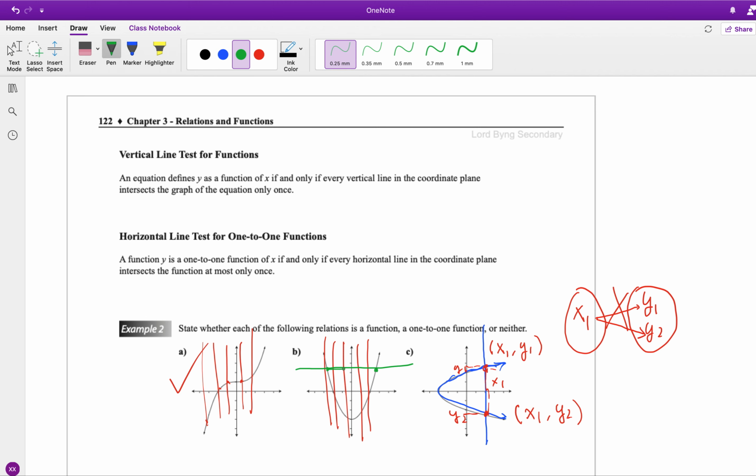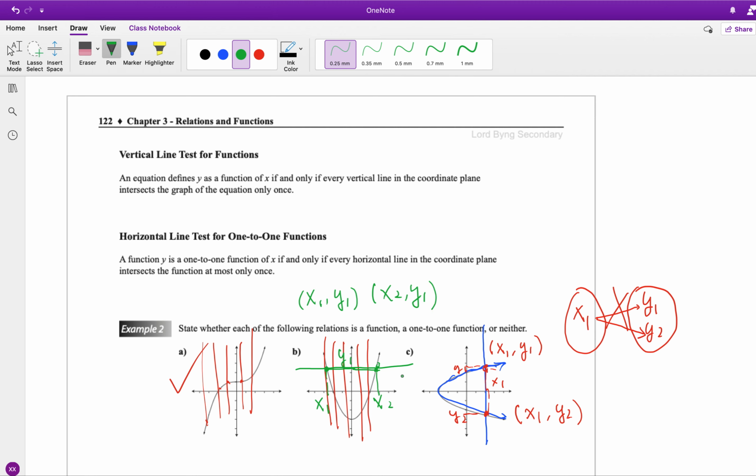The y value is y1, but the x value here is x1 and this x value here is x2. So this point has x1, y1, and this point has x2, y1.